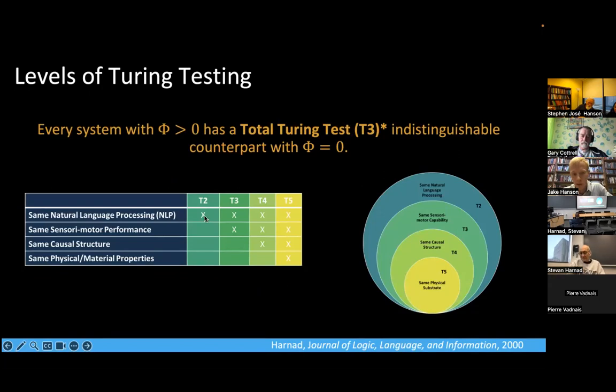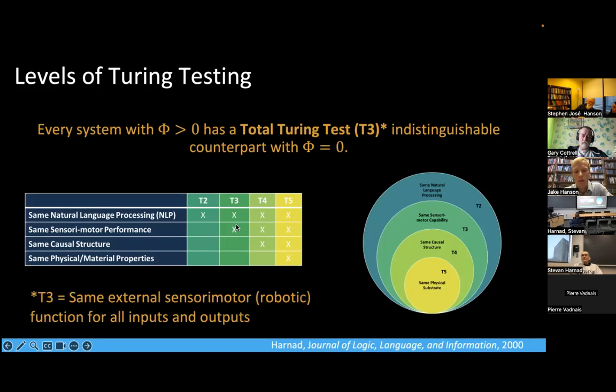T2 is the normal Turing test, natural language processing. T3 is the same external sensory motor function for all inputs and outputs, so it's a much more precise match between systems. Then at T4 you also have the same internal circuitry, and at T5 you actually use the same material properties.